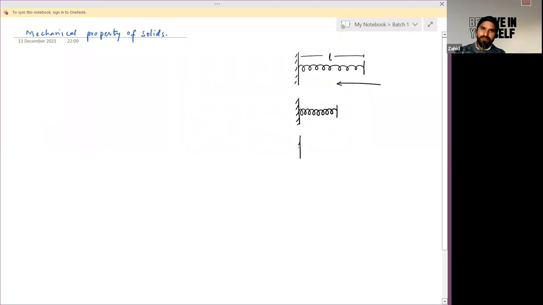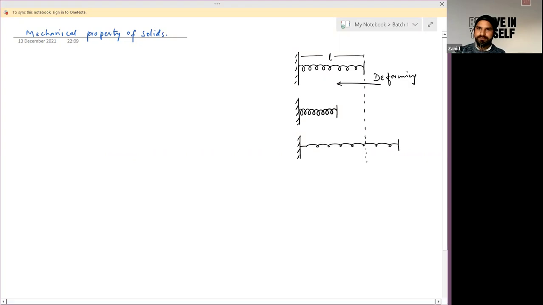Similarly, you may apply deforming force to elongate it, let's say to this point. So this is deforming force, which is responsible to change the shape of this particular spring.